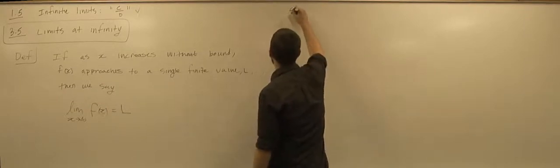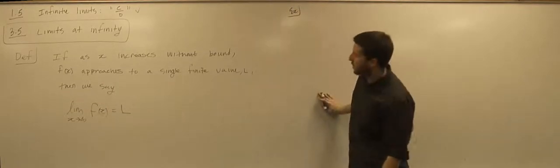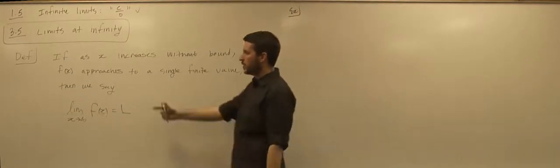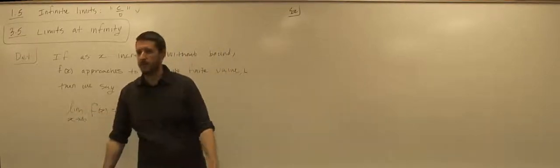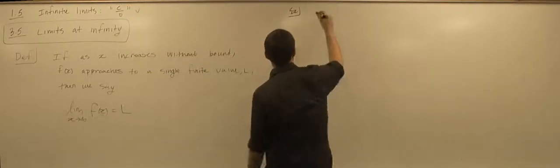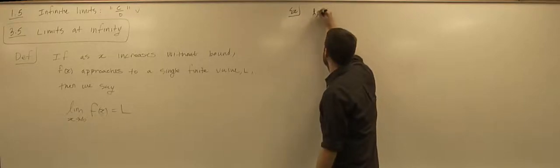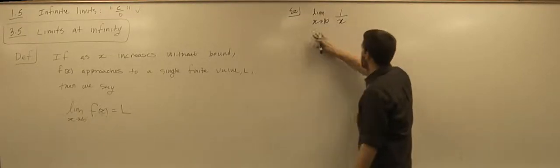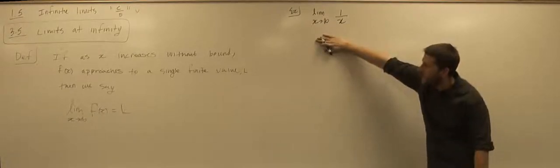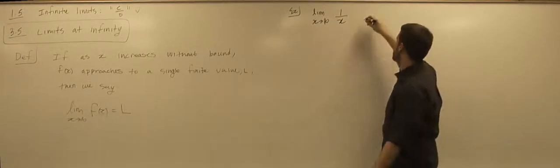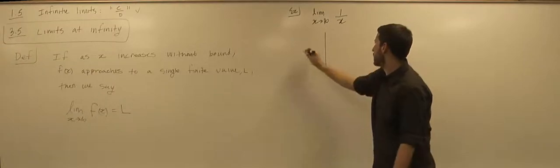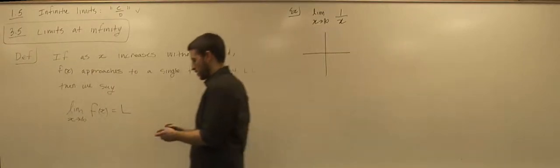Give me a quick baby example. What do you know the limit of as x goes to infinity? 1 over x. Yes, absolutely. Limit as x goes to infinity of 1 over x. If you want to just look at the graph, that might be the easiest way.